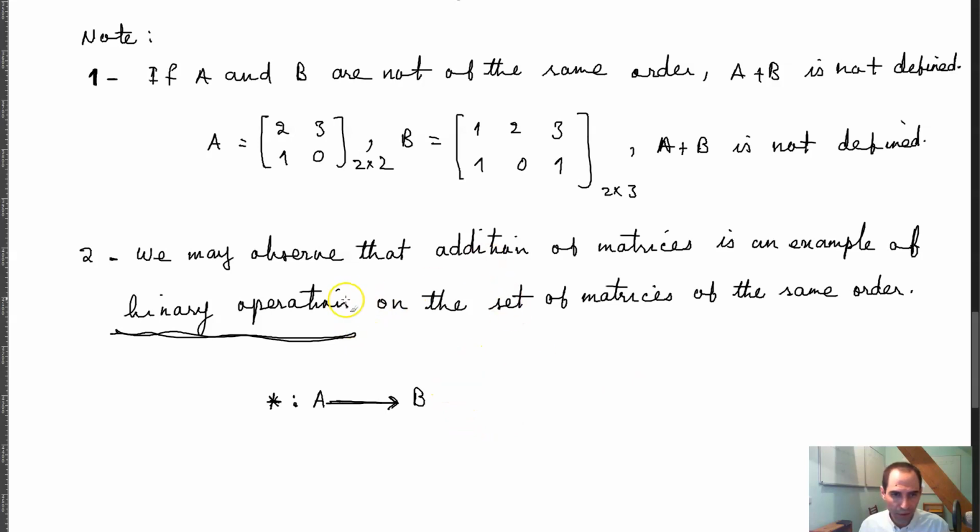I think what they mean by this is that the addition of matrices is an example of binary operation on the set of matrices of the same order.